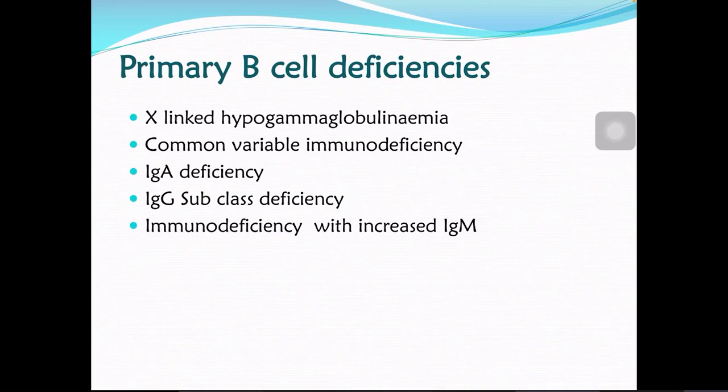There is X-linked hypogammaglobulinemia, common variable immunodeficiency or CVID, IgA deficiency, IgG subclass deficiencies, and immunodeficiency with increased IgM levels. In the next few minutes, I will be talking about the first 3, because they are the common ones, and I think it's important to have some background knowledge about them.